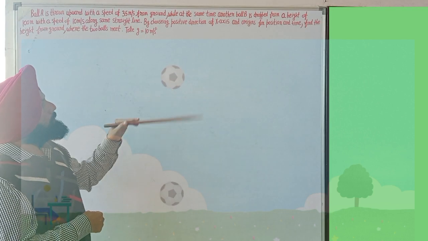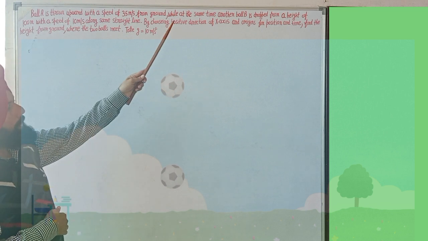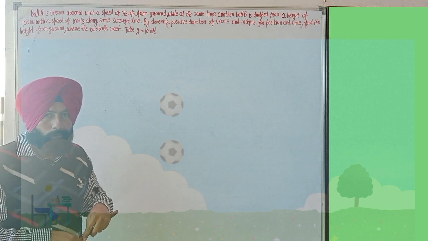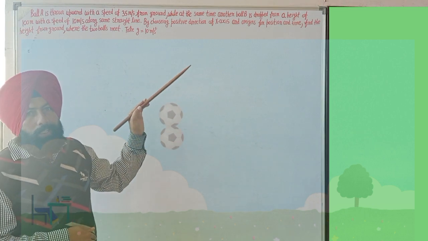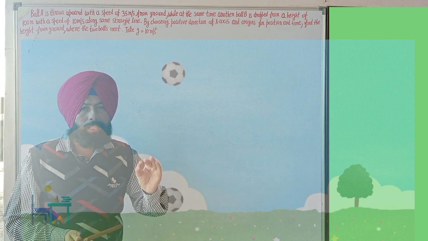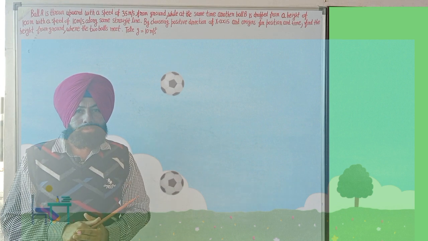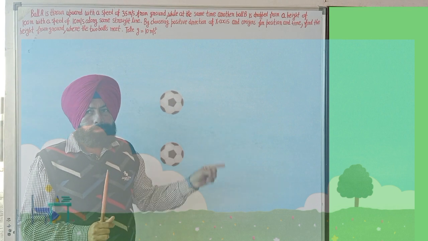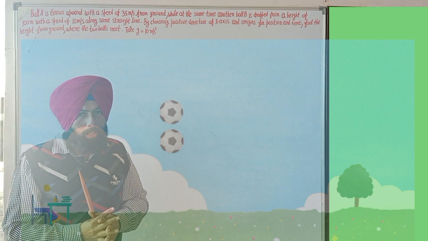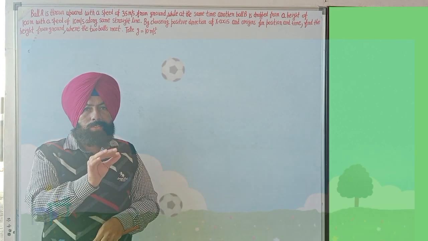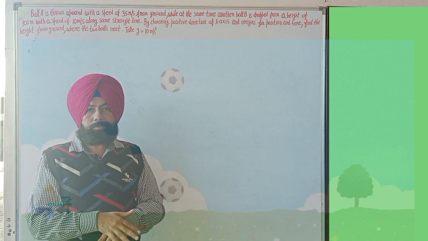And at the same time, ball B at a height 100 meter from the ground is thrown downward with the initial velocity 10 meter per second. Both of the balls are coming towards each other on the same straight line.